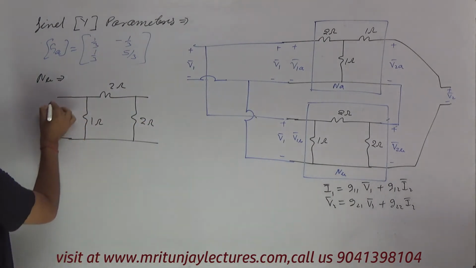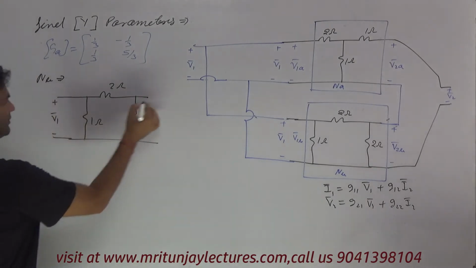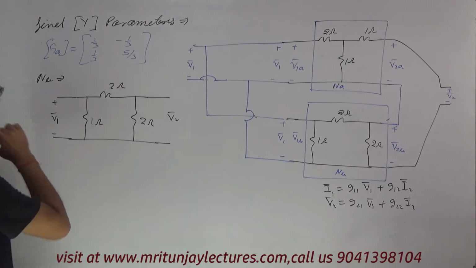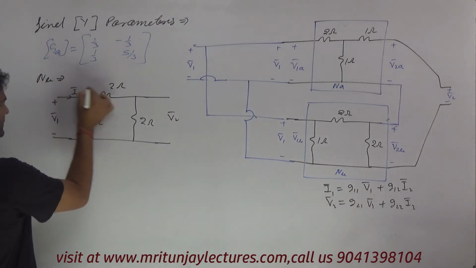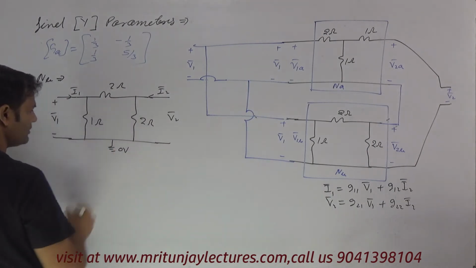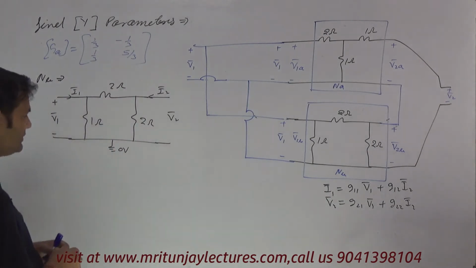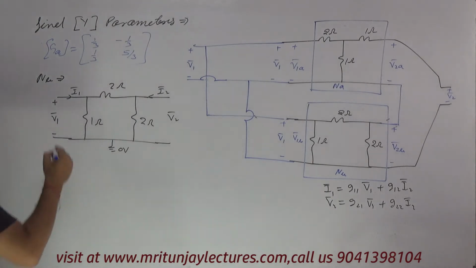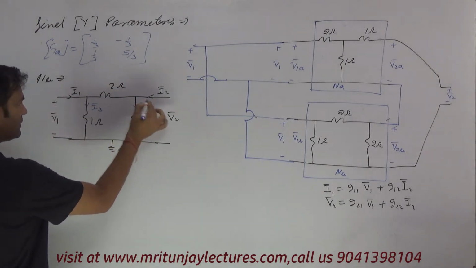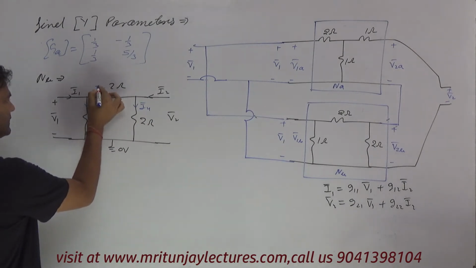Here V1, here V2, I1 current here, I2 current here. This one is connected to ground, that is 0 voltage. Currents I3, I4, I5.